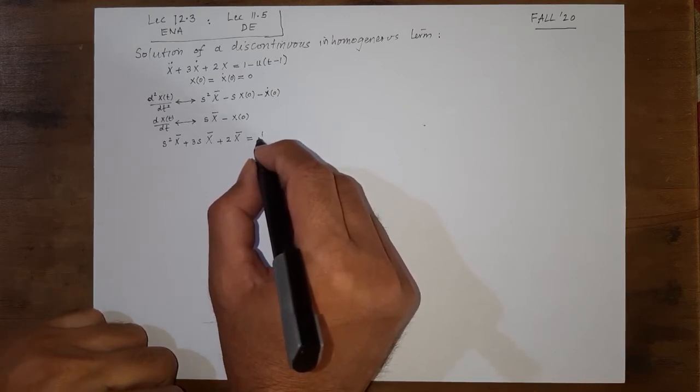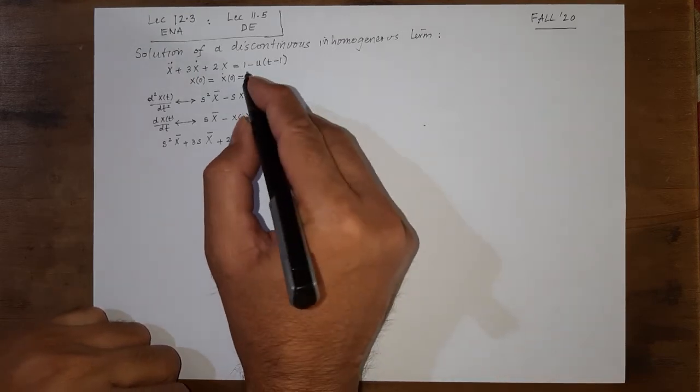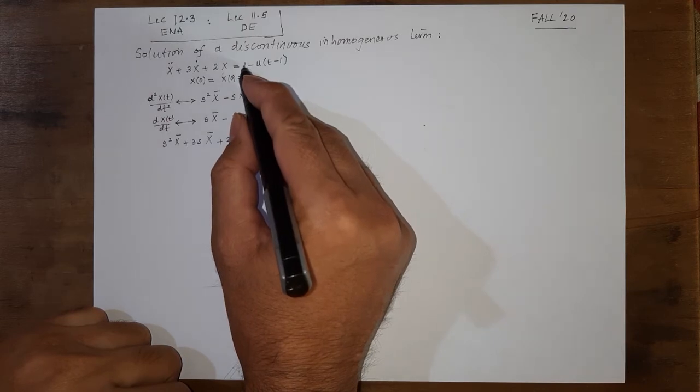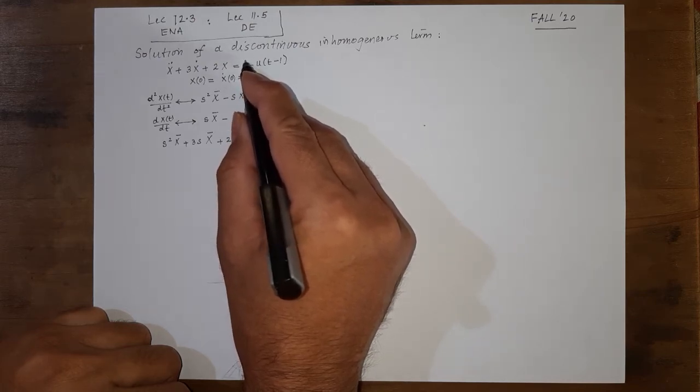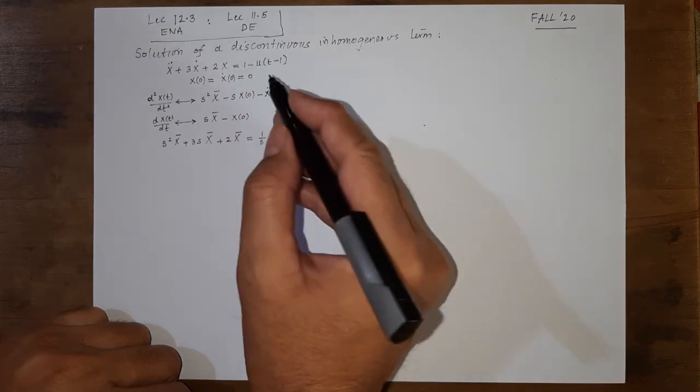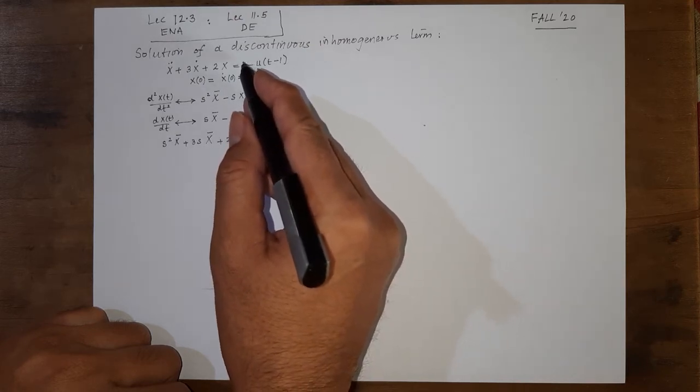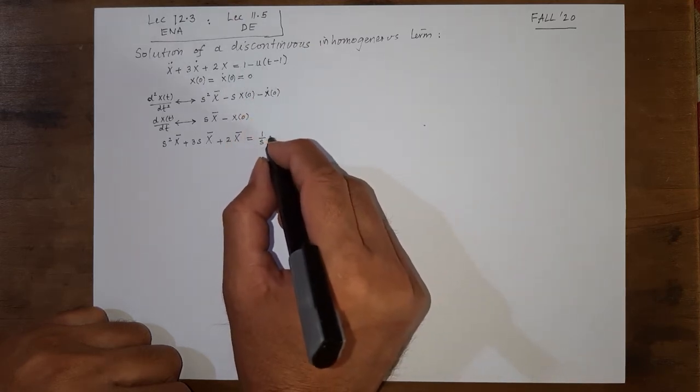It will be 1 over s. The Laplace transform of 1 is the same thing as the Laplace transform of u(t), because we are integrating from 0 to infinity. So taking the Laplace transform of u(t) or of 1 is the same thing.